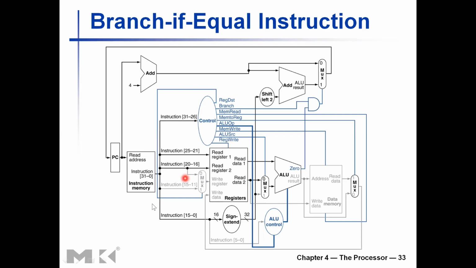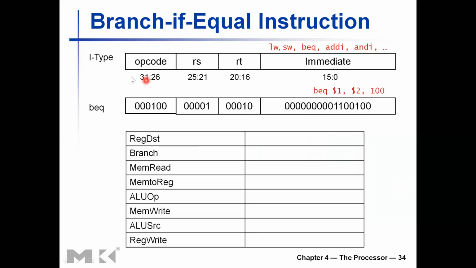So we have an immediate value in the instruction, bits 0 to 15, and 2 register operands going into the register file. In the next slide, we'll have the format. This is an I-type instruction, immediate type. The opcode is still the most significant 6 bits.